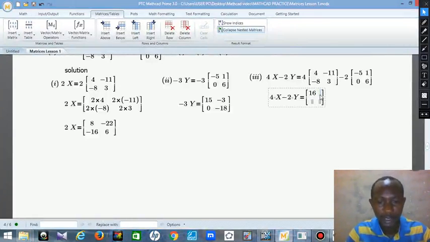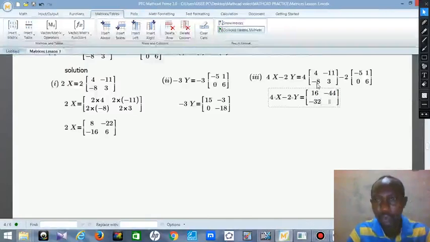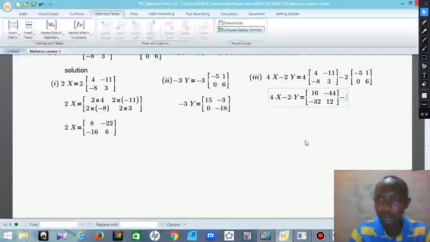Then 4 times minus 11 will give us minus 44. Take note, this constant is multiplying each element. So 4 times 4 is 16. 4 times minus 11, minus 44. Then 4 times minus 8 will give us minus 32. Then 4 times 3 is going to give us 12. So that is the end of the first application.